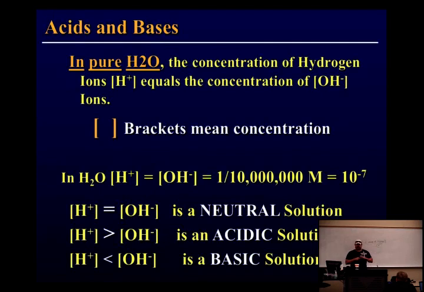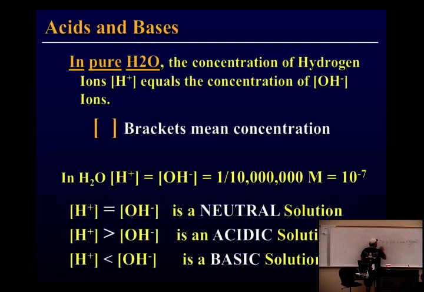Remember that word, ion? So the more hydrogen ions we have, if the number of hydrogen ions goes up, the pH goes down. I'll explain why in a second. If the amount of hydrogen ions goes down, the pH goes up.